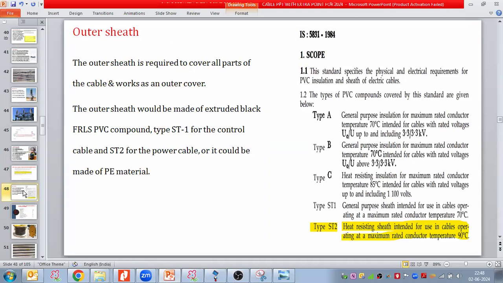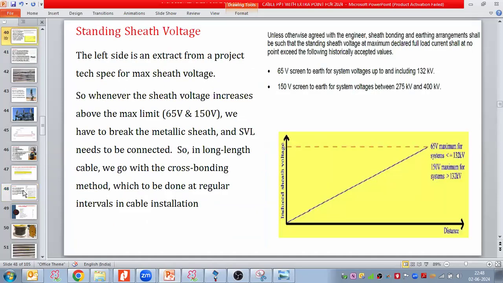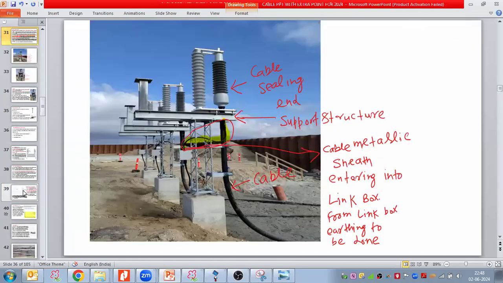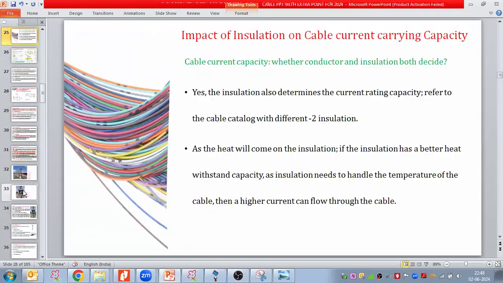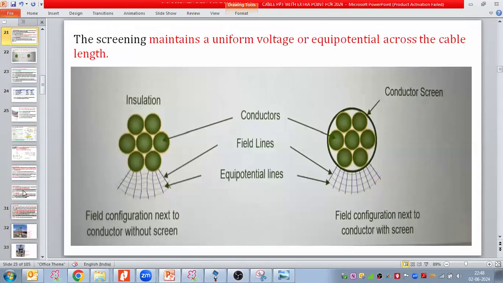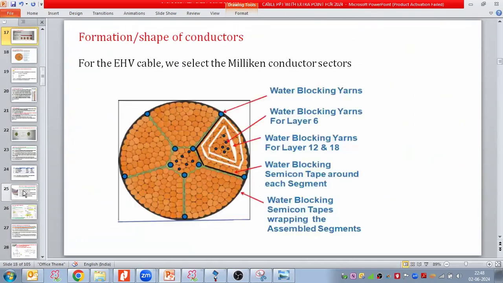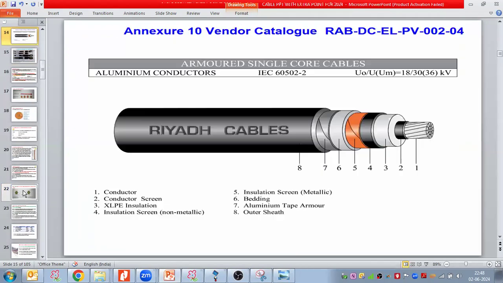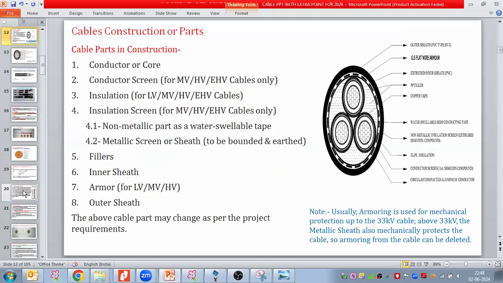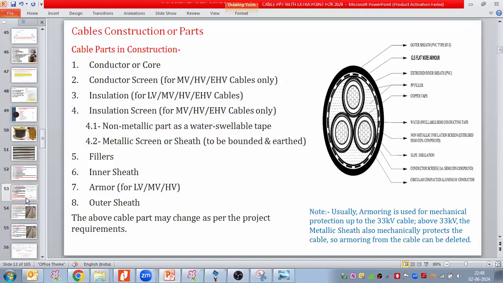So this is all the cable construction parts. Accordingly, based on the application, we have to select which parts we will take and which parts we will not take, right? I hope I'm clear on that.